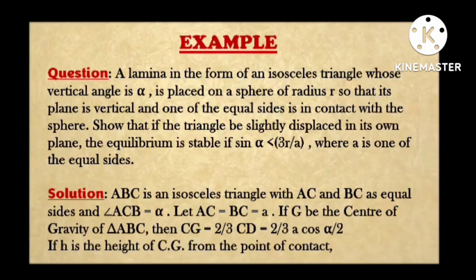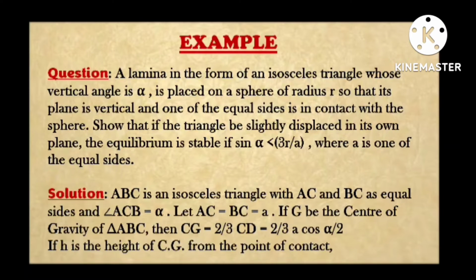Now the solution is: let ABC be an isosceles triangle with AC and BC as equal sides, and angle ACB equal to alpha. Let AC equal BC equal a. If G is the center of gravity of triangle ABC, then CG is equal to 2 by 3 CD, which is equal to 2 by 3 a cos alpha by 2.